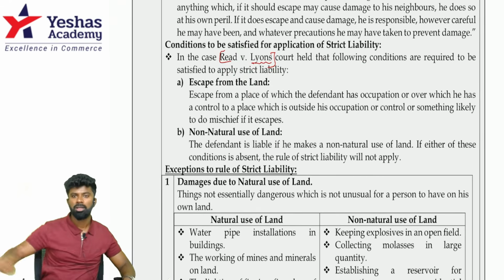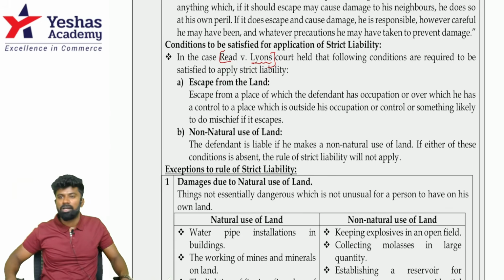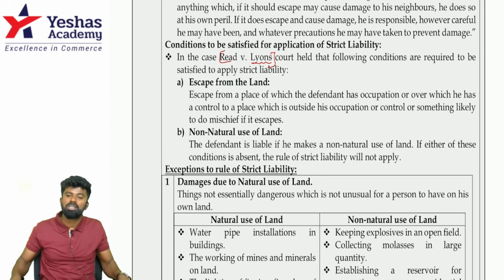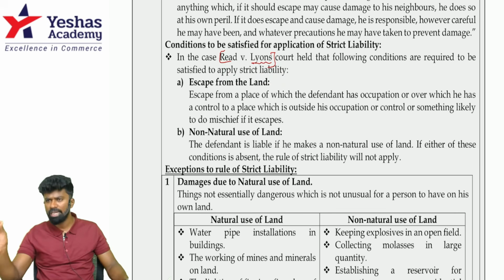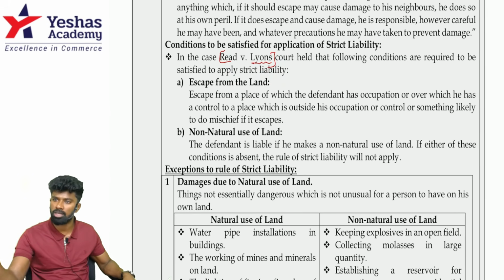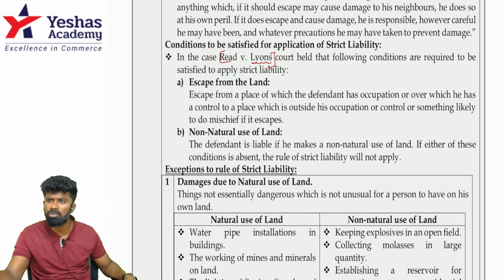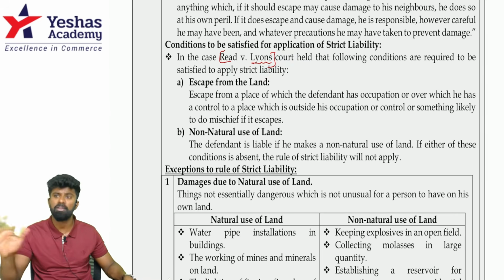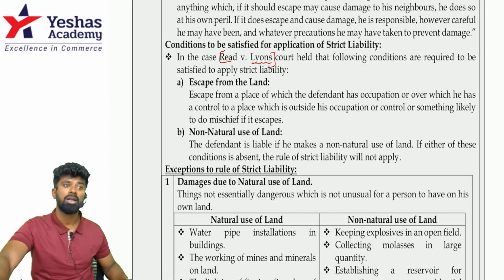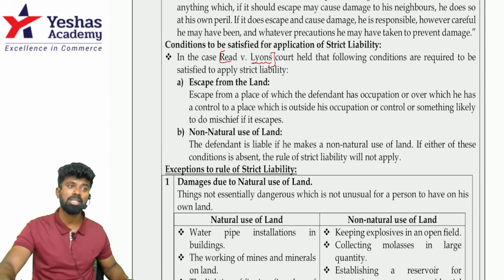They asked this question in the previous examination. Generally, they ask what is strict liability. It is also called no fault liability. This rule was discovered in the Rylands versus Fletcher case, where the court held that if anyone brings a dangerous substance to his land or accumulates anything on his land, and it escapes and may cause harm to the neighbor, he does it at his own peril.